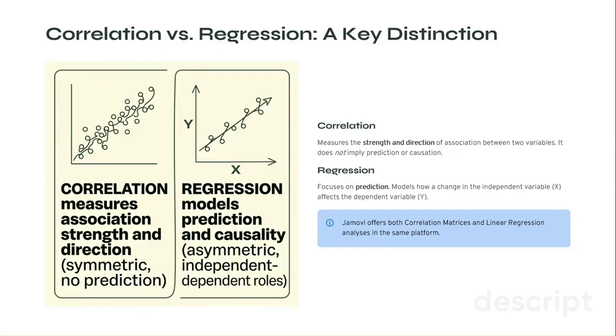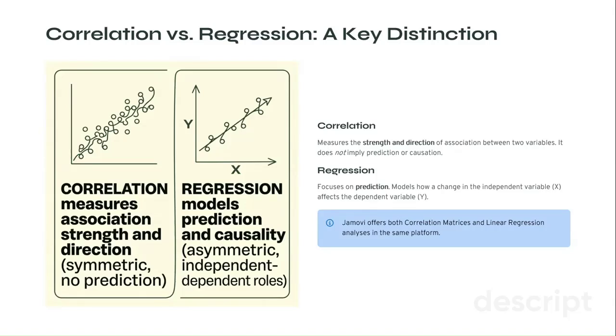Before learning regression, it is important to understand how it differs from correlation. Correlation simply determines the strength and direction of association between two variables. Regression goes one step ahead. It helps to predict the value of one variable using another variable.